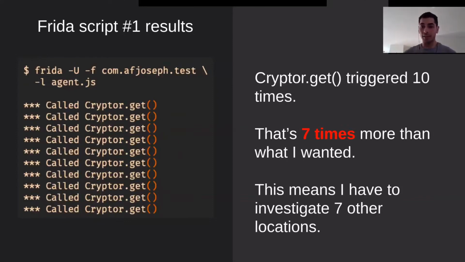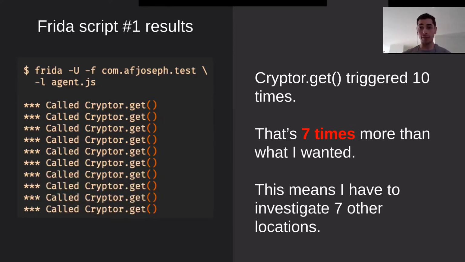As an analyst, I just increased the number of man hours I need to spend to understand what's happening in here. This is not so good, because now I have to investigate other locations, and that's not giving me the result that I want. I want to focus on just those 3 instances of crypto.get, and I just want to understand what that POST request is doing.